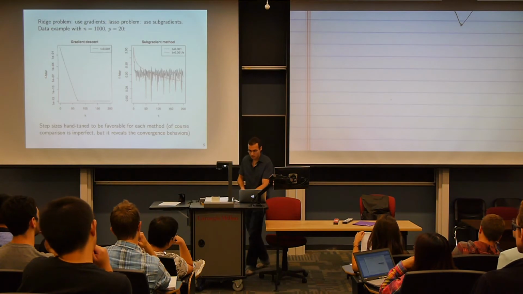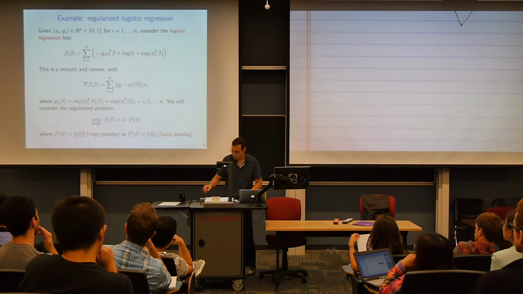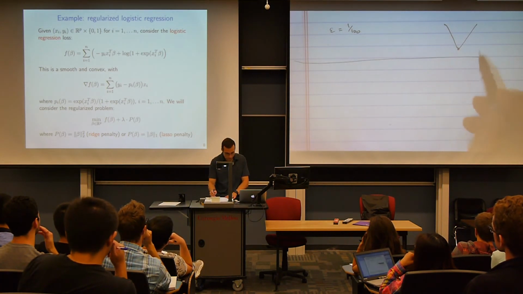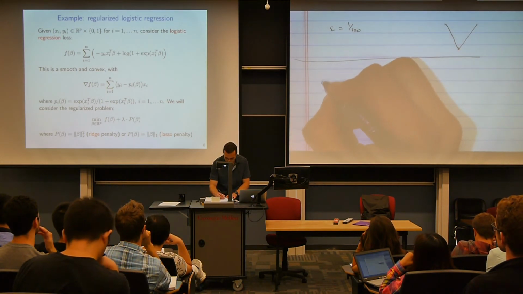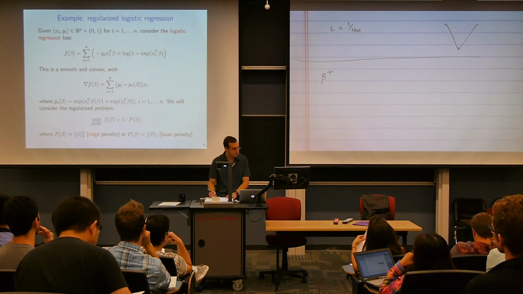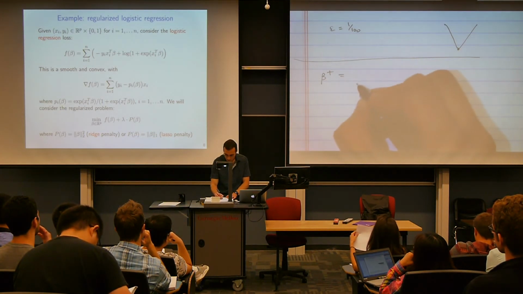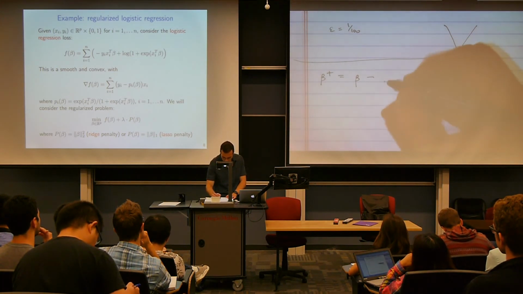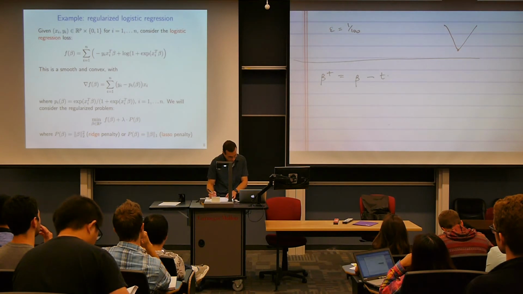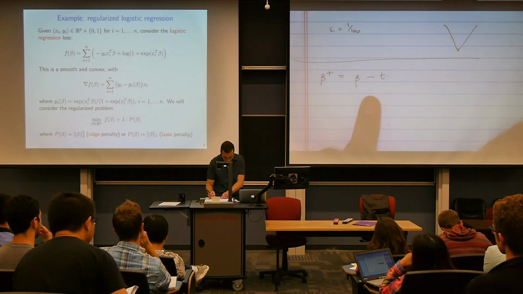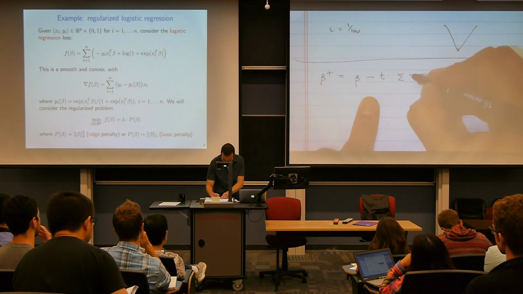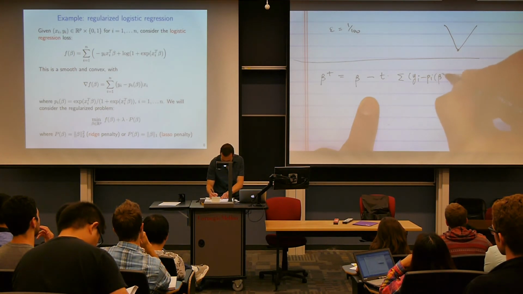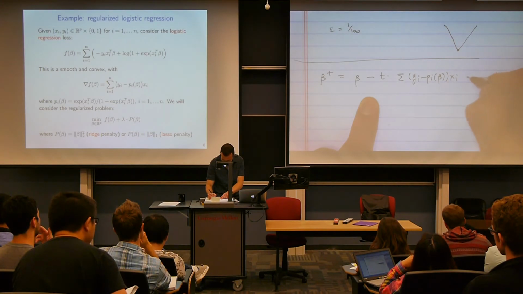Let's write out the subgradient steps for this problem. We should be able to just write them out. So beta plus, all right, so what I get at the next iteration, it's going to be equal to beta, where I was, minus t, some step size, times this.